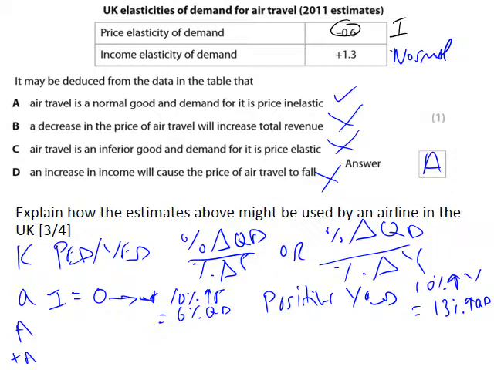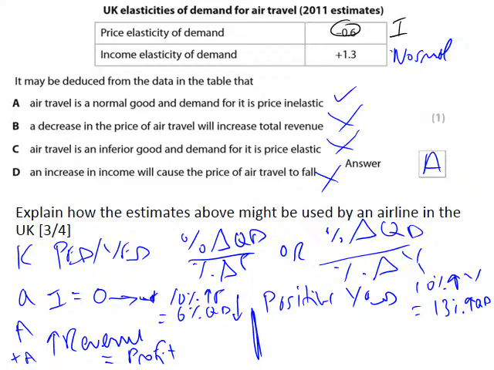In terms of your analysis marks, we need to answer the specific question, so explain how the estimates might be used by an airline. If it is price elasticity of demand and you know it's inelastic, then you've just said the price would go up, the quantity demanded would only go down 6%, so there would be an overall increase in revenue and potentially then profit for that business as long as the costs remain the same.